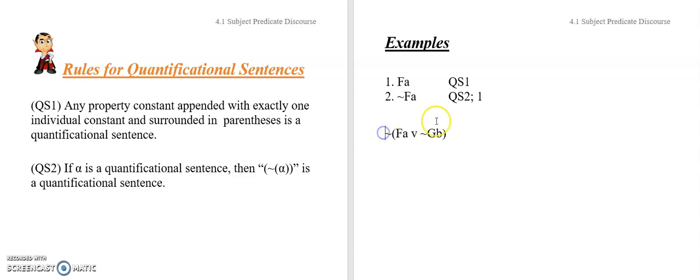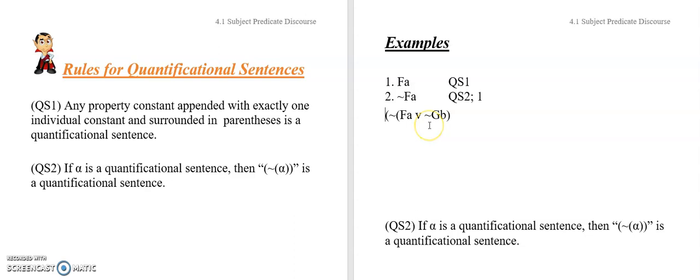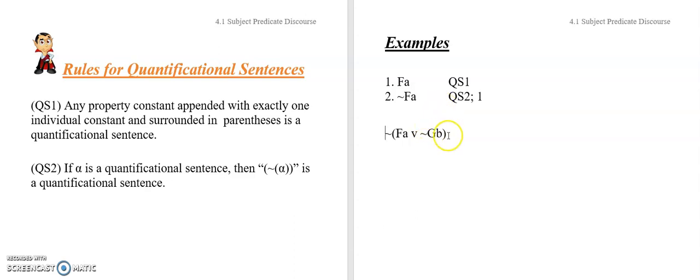And I'm also requiring you in this rule this extra set of parentheses here. There are hyper-technical reasons for that, but we almost always omit them for readability. But yes, that is a quantificational sentence. We'll often just write it like this, omitting this outer one.